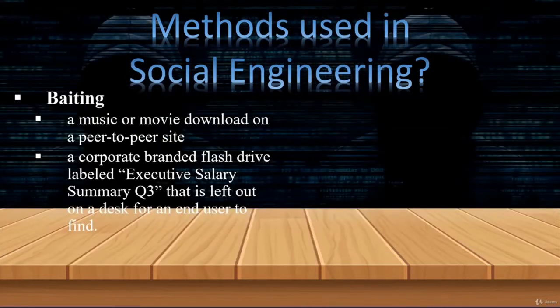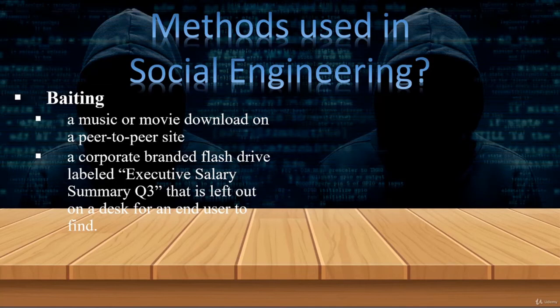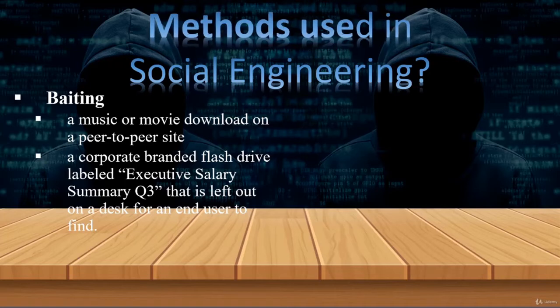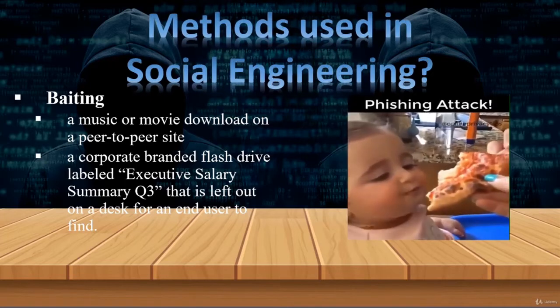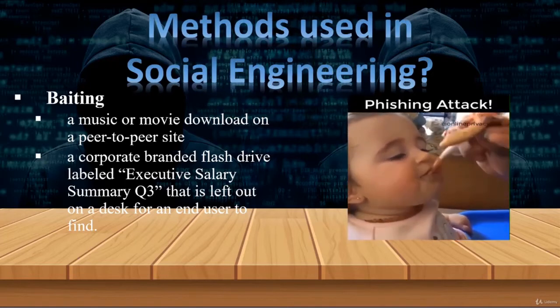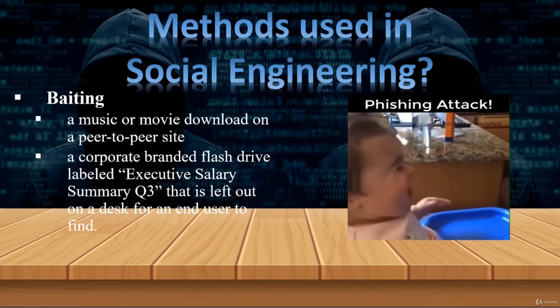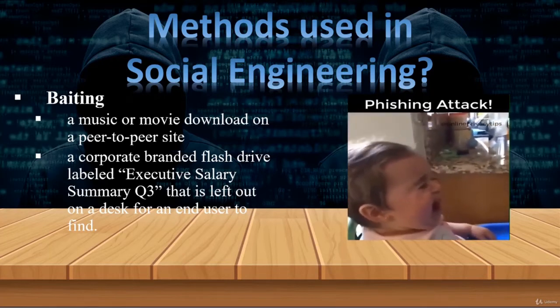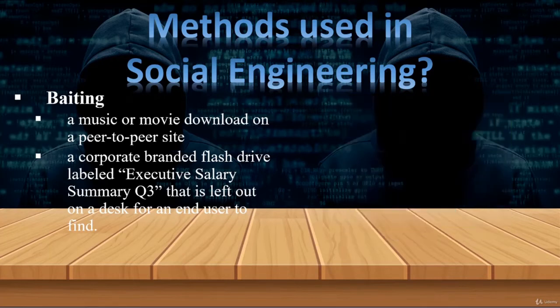Baiting, or the old bait and switch, is something seen with phishing. You get an email promising a free gift card or a movie download. When you click on the link, you get creamed carrots and malware.